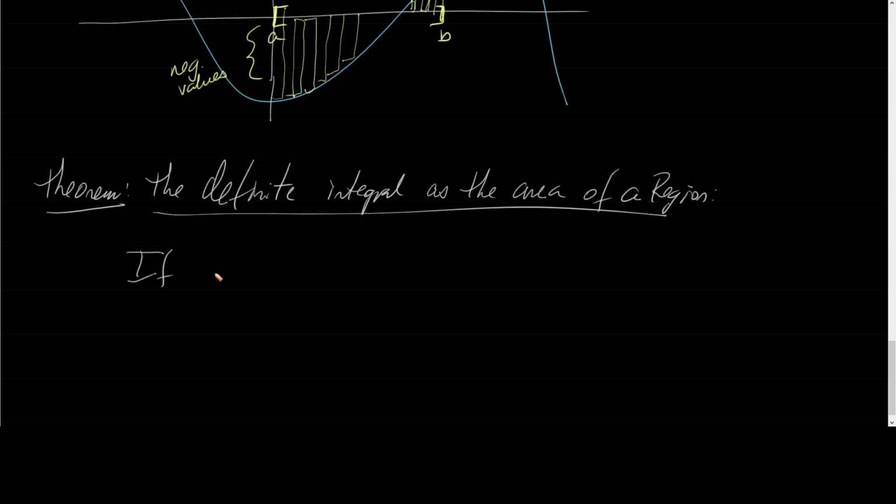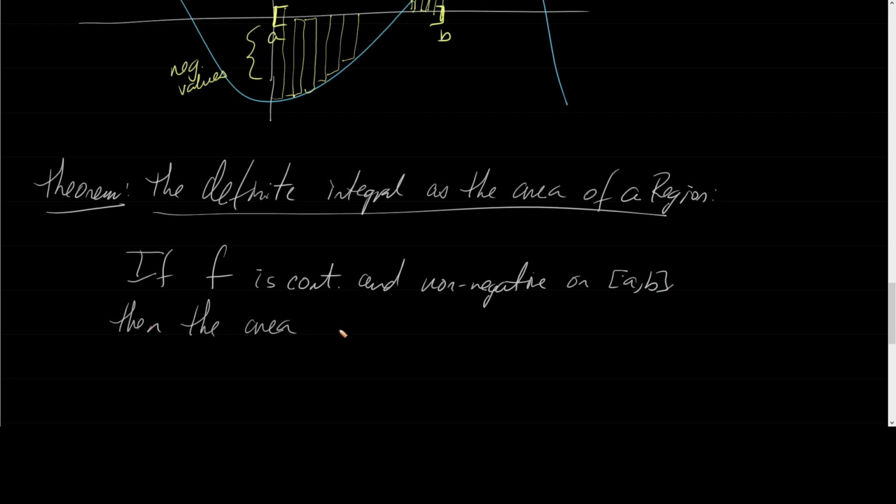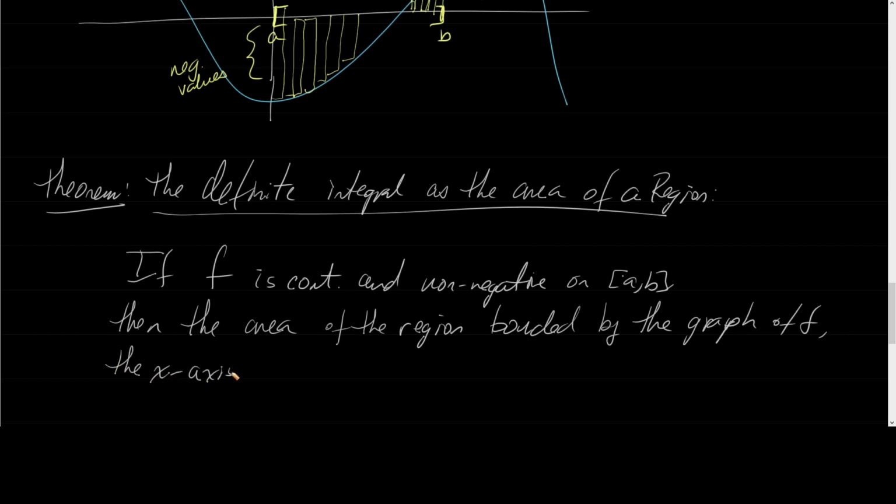So if f is continuous and non-negative on the closed interval from A to B, then the area of the region bounded by the graph of f, the x-axis, and the vertical lines x equals A and x equals B. Right, so that area is given by the following.